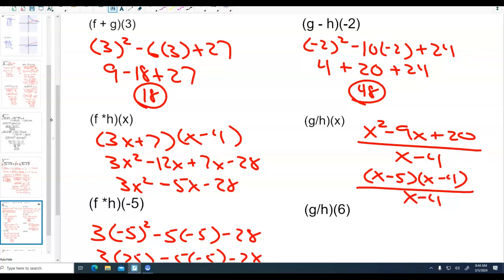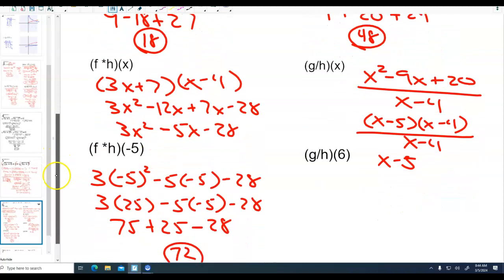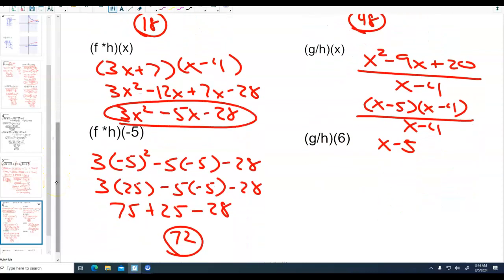So the answer here is simply x minus 5. And then wherever I see x, I plug a 6 in. 6 minus 5, my answer is 1.